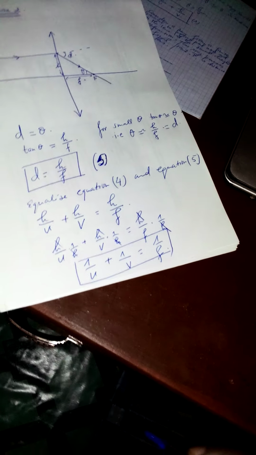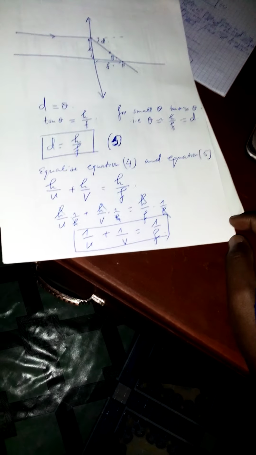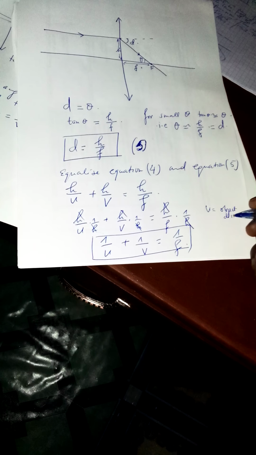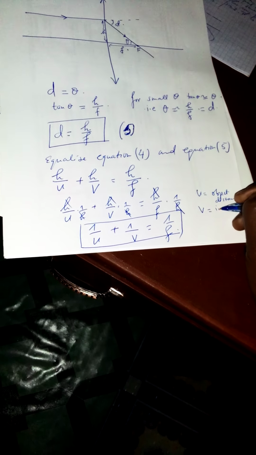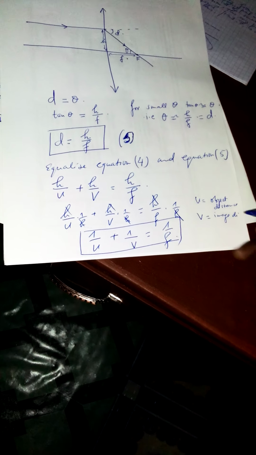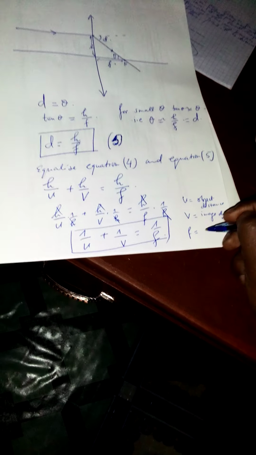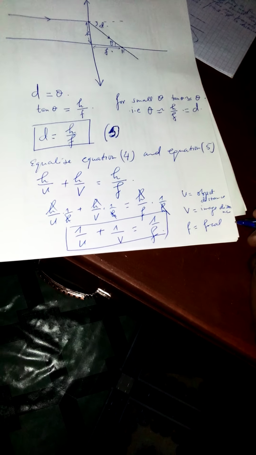So this is a great important equation here in optics, where u is the object distance, v is the image distance, and f is the focal length.